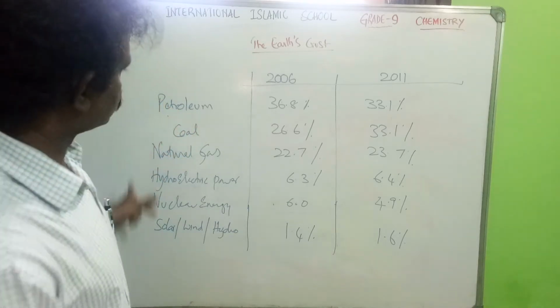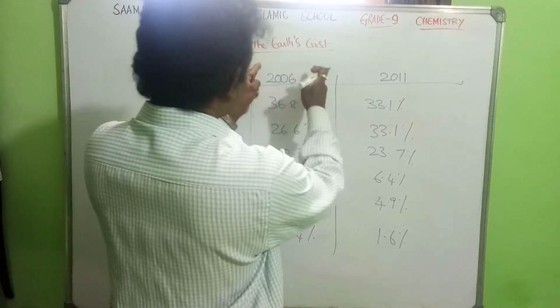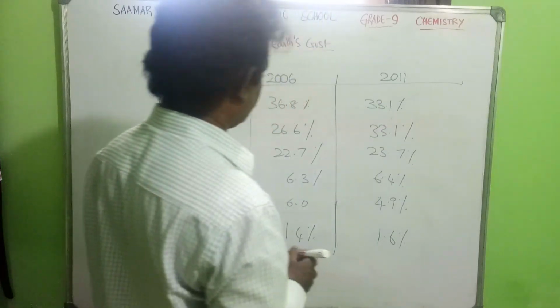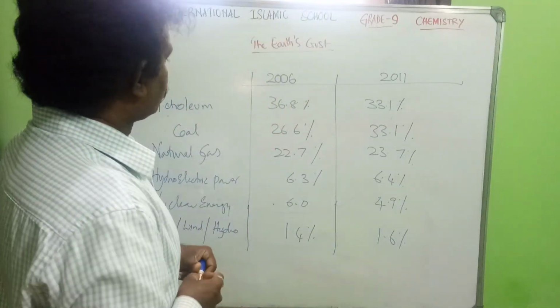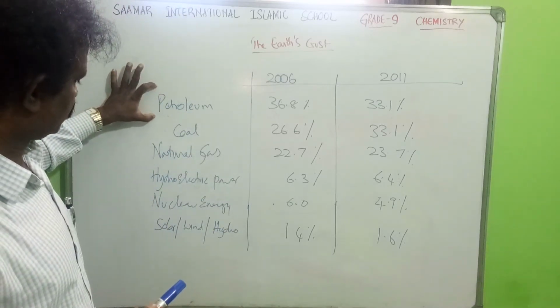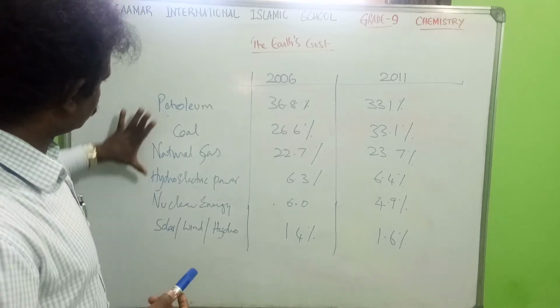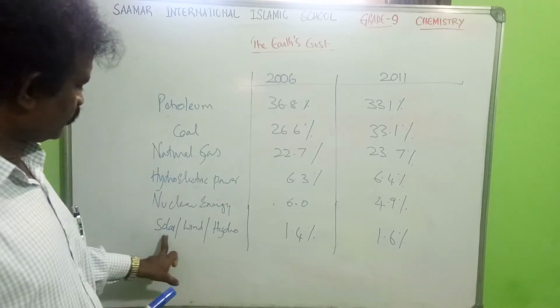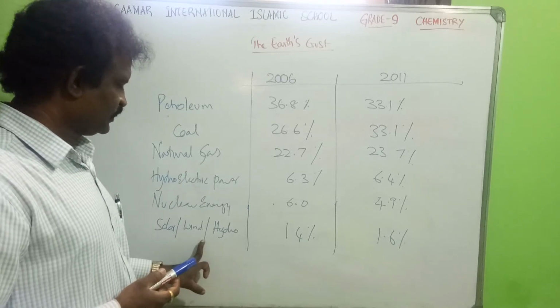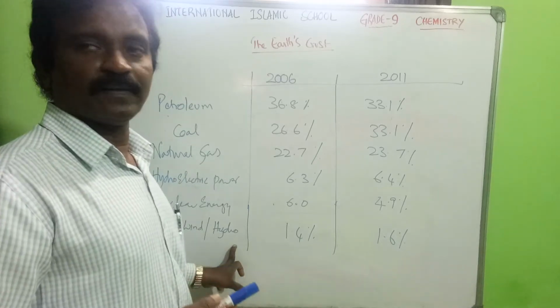Okay. In 2006 it was so much. Now in 2011 it is showing so much. That means what? We have to stop this petroleum product and nuclear energy. These two we have to stop and go for the alternate source called solar energy, wind energy, or hydro energy.